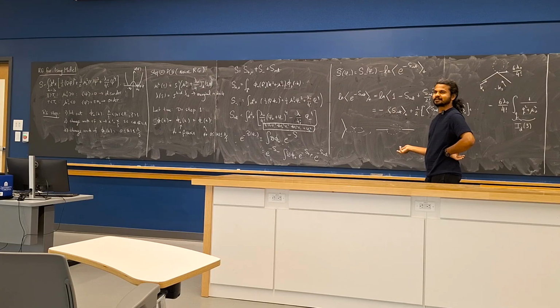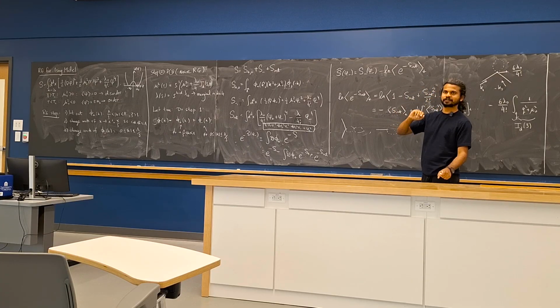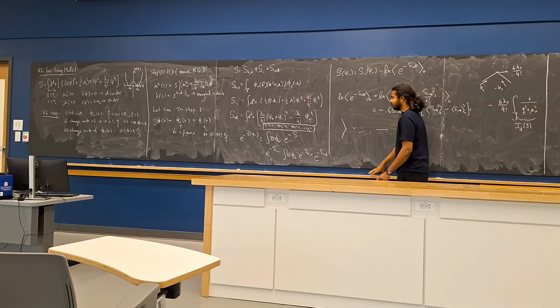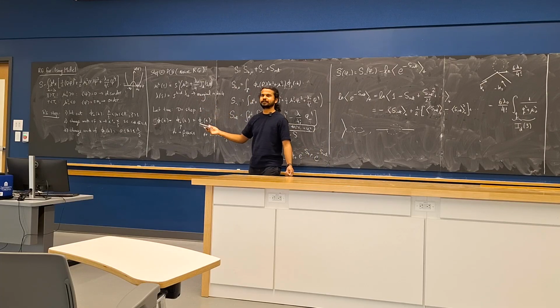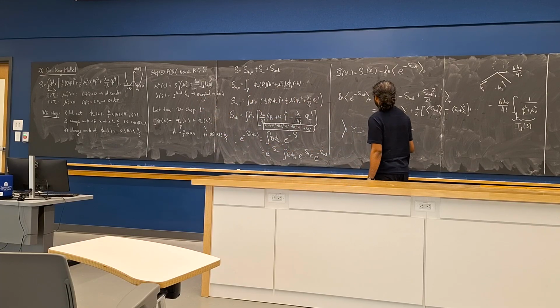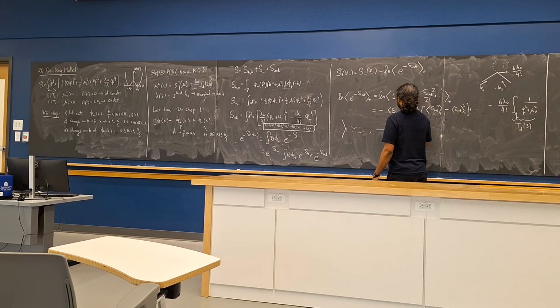And probably other diagrams too. But let's just forget about it and think about phi minus to the 4 corrections because it didn't receive any correction at one loop. You're seeing if it gets a correction at, sorry, yeah, that's right.